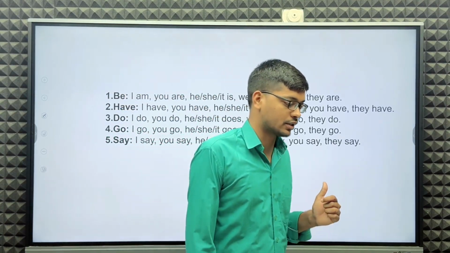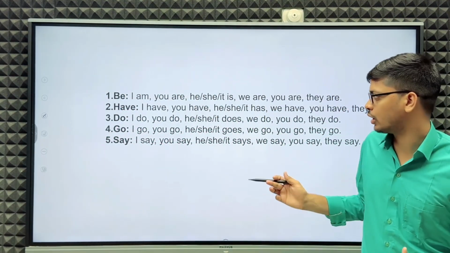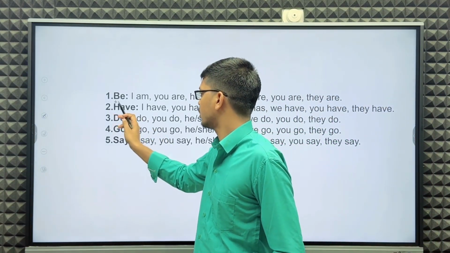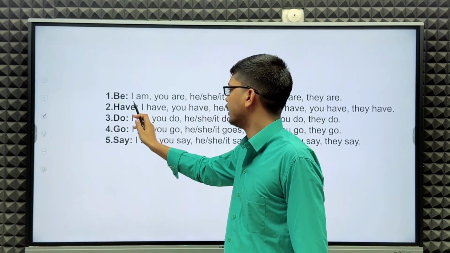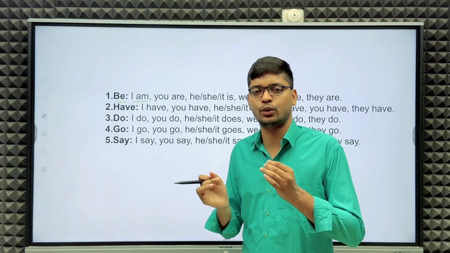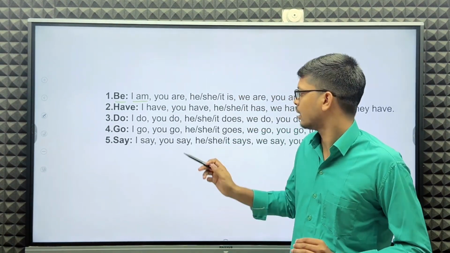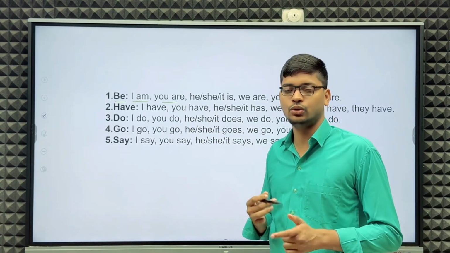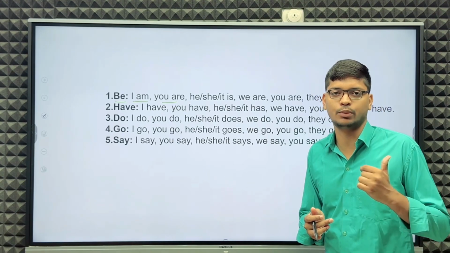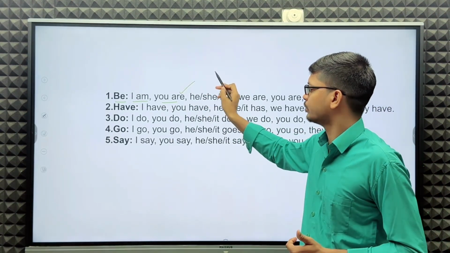So the next point is examples of irregular verbs and how to use them. First, be. I am. With I in present tense we have to use am. You are. You is a subject pronoun, so we have to use are.